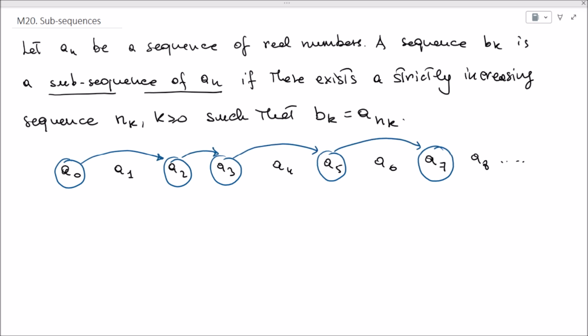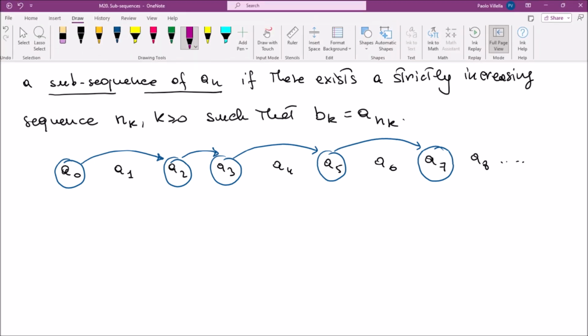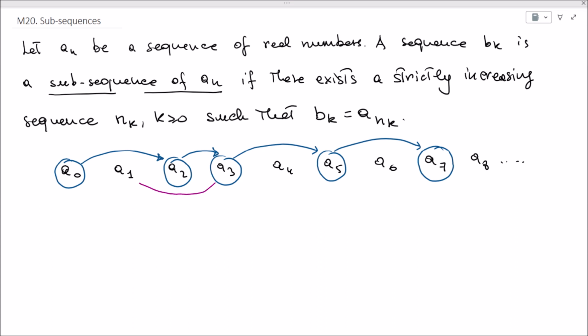What we never do, for example, is from a3 jump back to a1. Okay, we don't do this. So we basically always select the next element moving forward in the sequence.